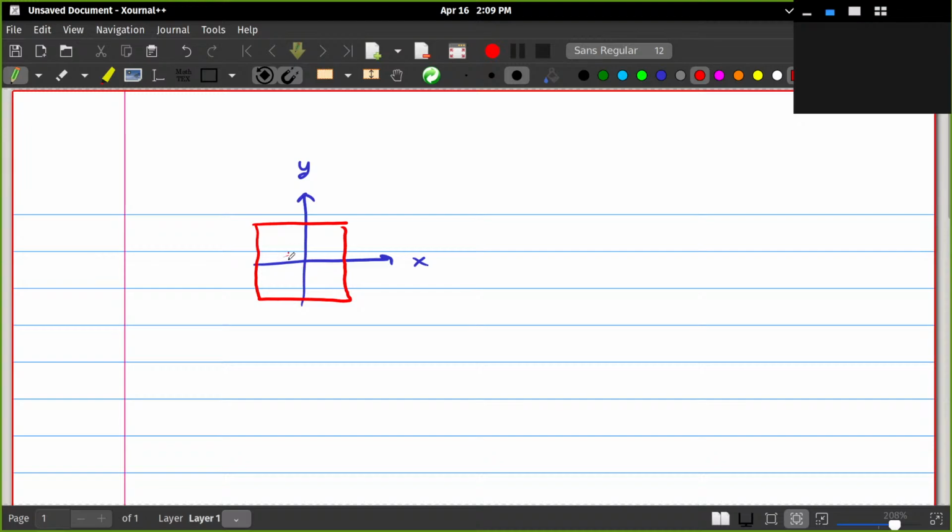Let's say it's a smiley face. Each of these pixels or positions in the image has a vector. Let's say the vector is X, Y.